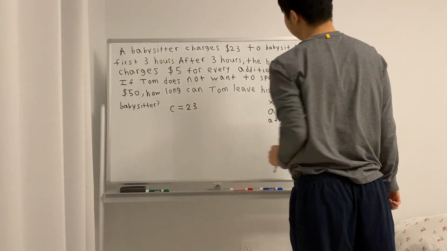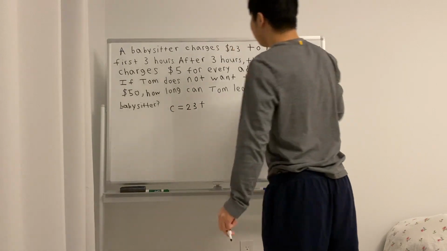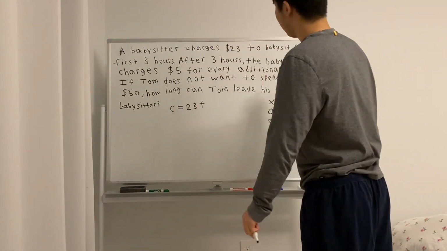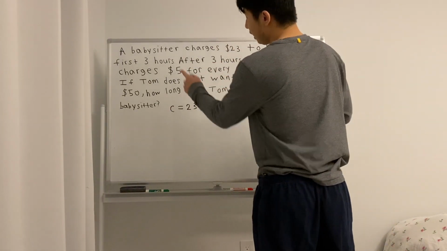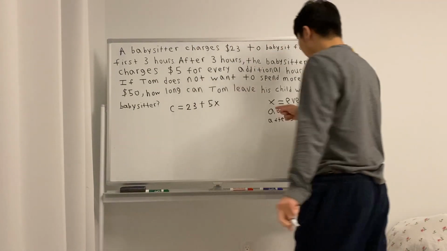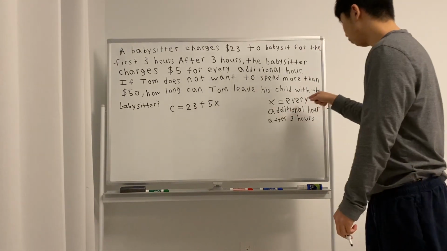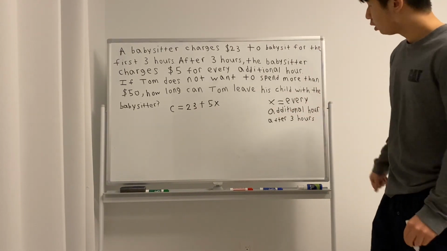Okay, so if we want to create a formula for how much the babysitter is going to charge, 23 is the base value, and now we can add, since the babysitter charges $5 for every hour after 3 hours, plus 5x, because I said x equals every additional hour after 3 hours. $5 times every additional hour after 3 hours.